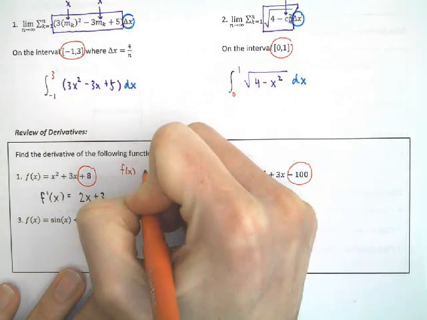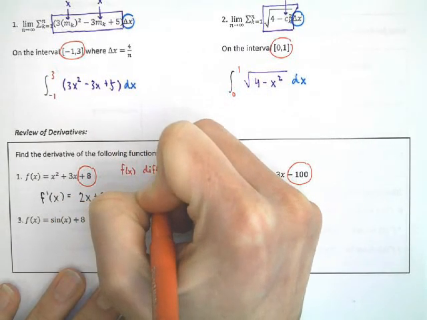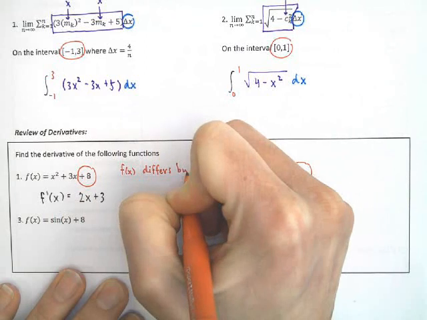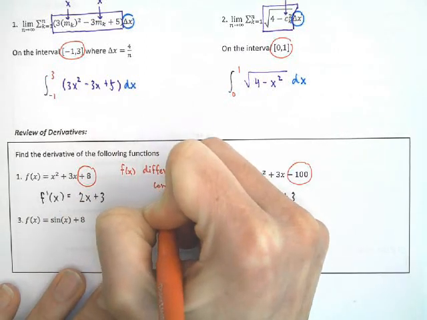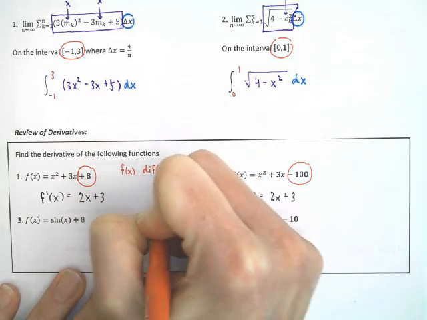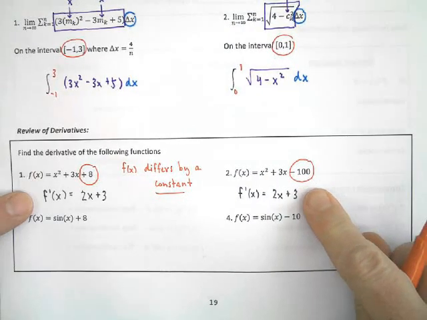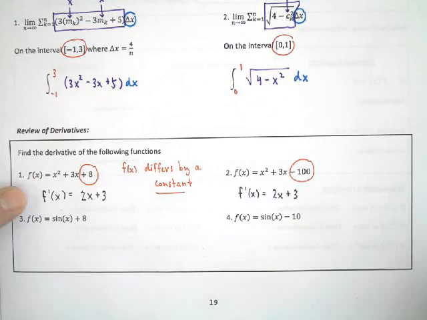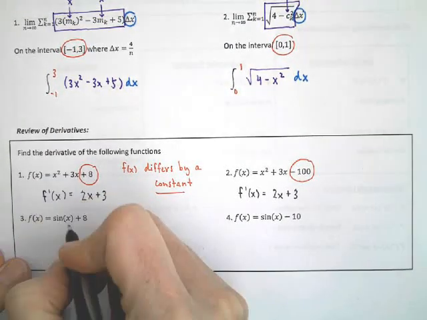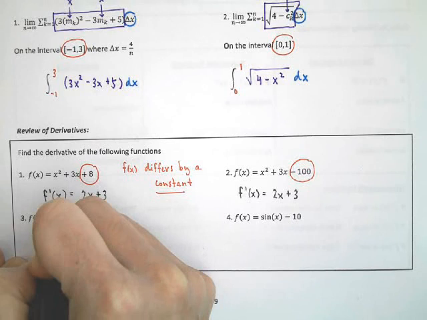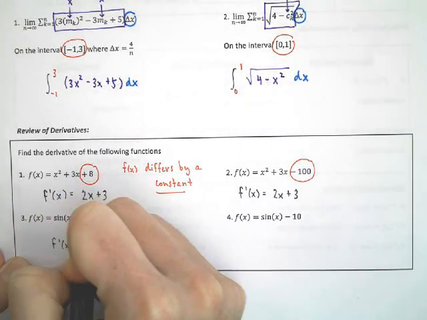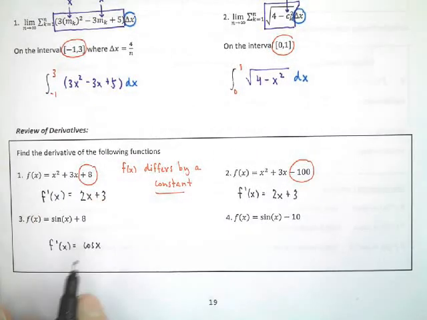So I'm going to make a note that f of x differs by a constant. Right? So we have two different functions that differ by a constant, but we get the same derivative. Same thing's going to happen down here. If my function is sine of x plus 8, my derivative is going to be cosine of x.